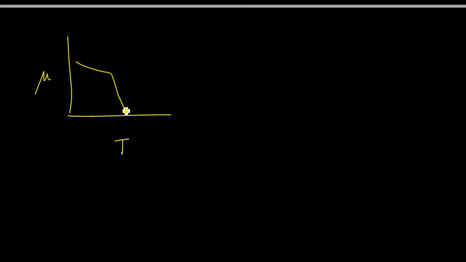Let's say this is a low pressure, and we are talking of melting. So this would be the solid and that would be the liquid. Now what's the change in the Gibbs free energy or the chemical potential? One and the same thing for the moment.